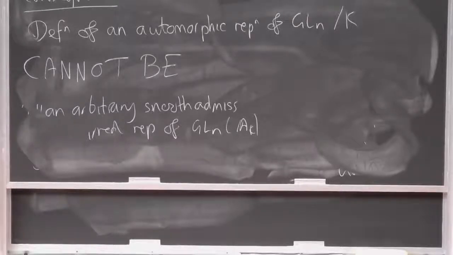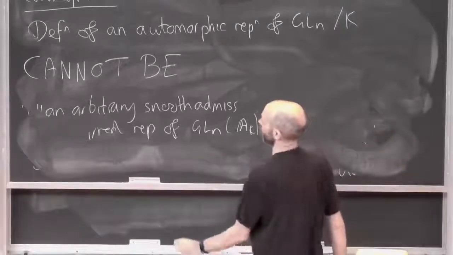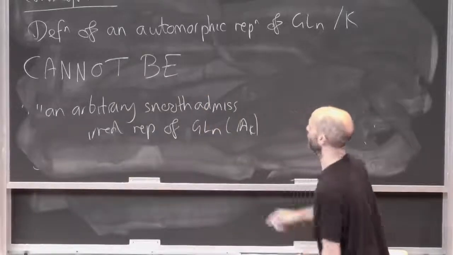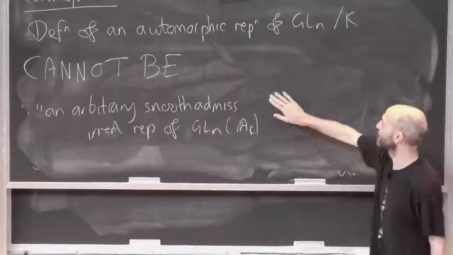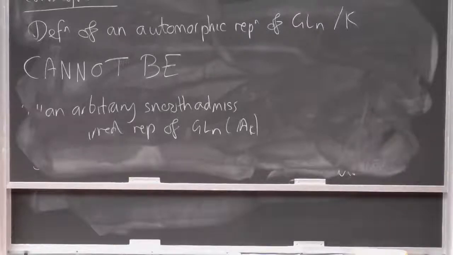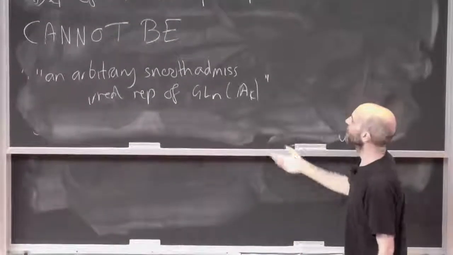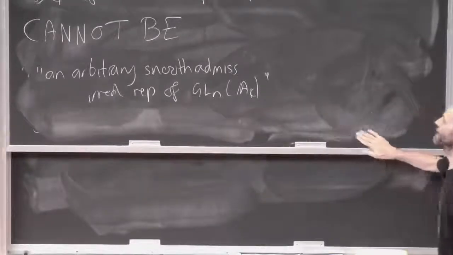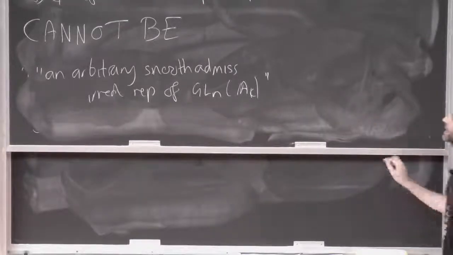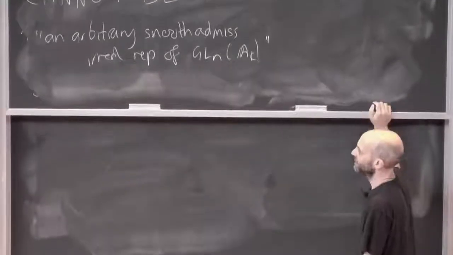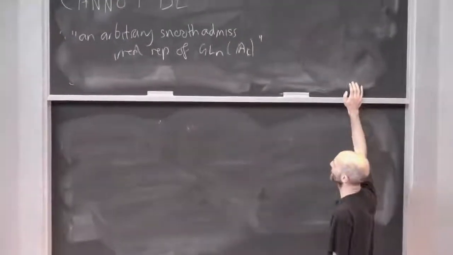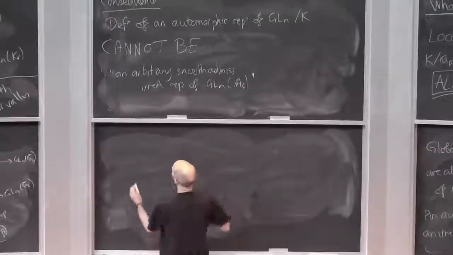So if globally our automorphic representation is just supposed to be some random smooth, irreducible, admissible representation of GLn of k, that can't be the right answer, because we can just build random things. So here's an example.